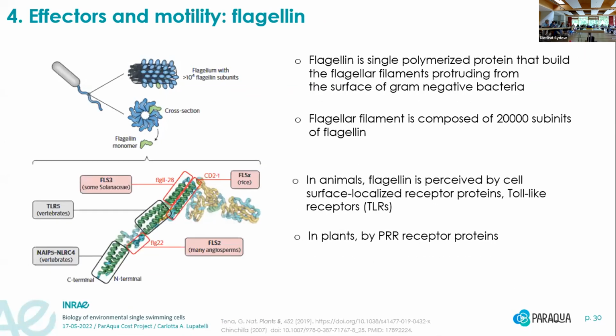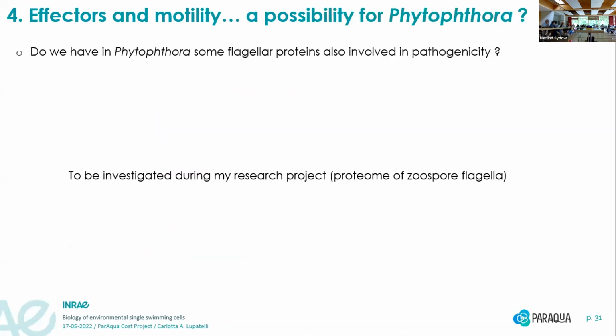And what is interesting for us is to understand if we have a similar molecule, a similar structure in the Phytophthora zoospore flagellum that is also involved in this dialogue with the plant, this dialogue during the infection of the plant. For the moment, I don't know, but since I'm doing some proteomic analysis of the flagella, I hope to get some insights on this point.